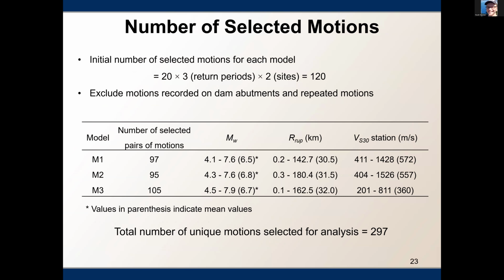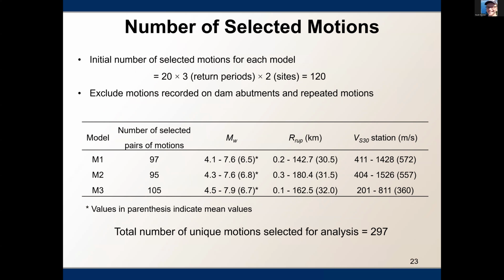With this procedure, the initial number of motions that I selected for each soil model was around 120. This is based on 20 motions selected at one return period. We have 3 return periods and 2 sites, so a total of 120. If we exclude motions that are recorded on dam abutments and also some of the motions that are repeated between these models, then we get around 97 pairs of motion for model M1, 95 for model M2, and 105 for model M3.